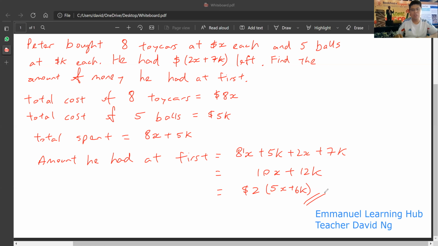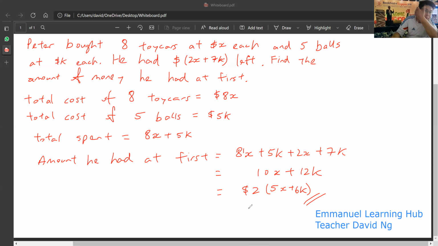Okay, see if you want to factorize out the 2. Simple, right? Is this simple? Not simple. Can you square?